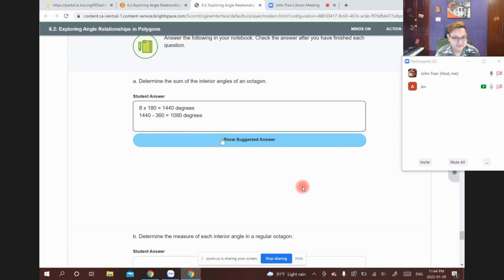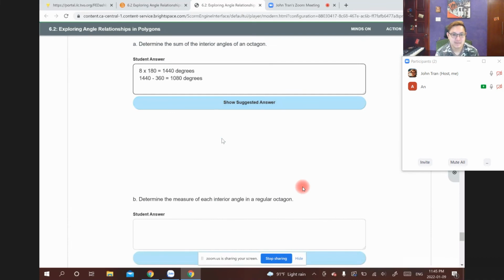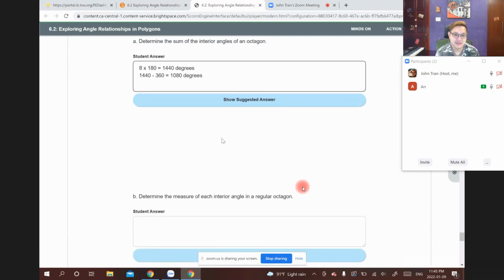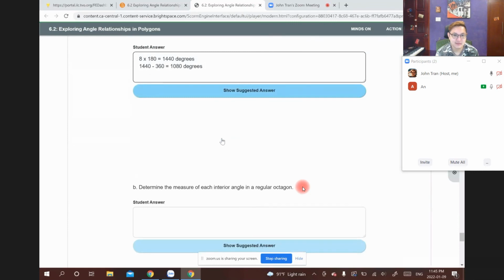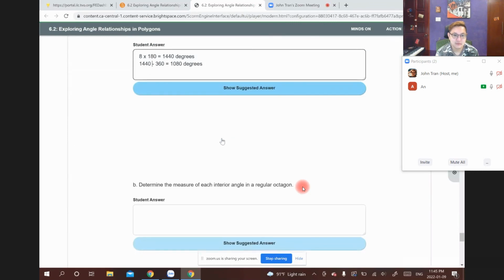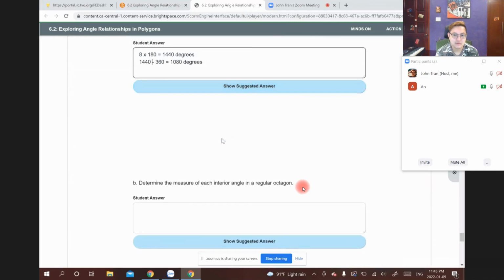Okay, that's good. Now, next one, please. B. Determine the measure of each interior angle of a regular octagon. Okay, you have an octagon and you have to measure each interior angle. Do it, please.